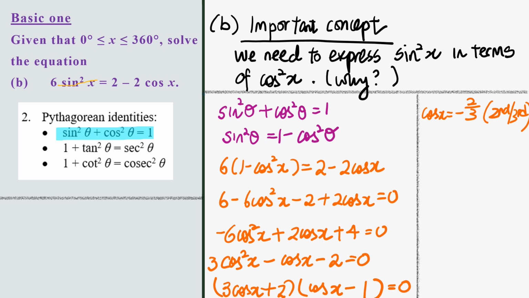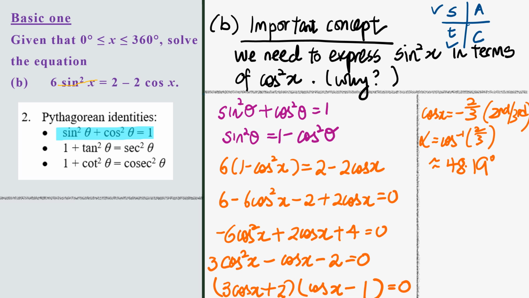Based on your ASTC again, for cosine negative, the angle will have to come from the second or the third quadrant. So my reference angle will be cosine inverse positive 2/3. Remember, your reference angle is a basic angle between 0 and 90, so you have to take the inverse of a positive value.